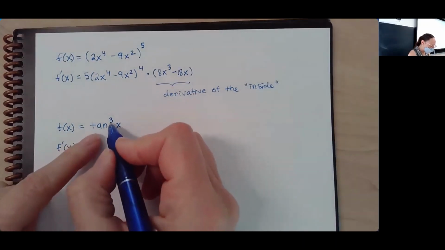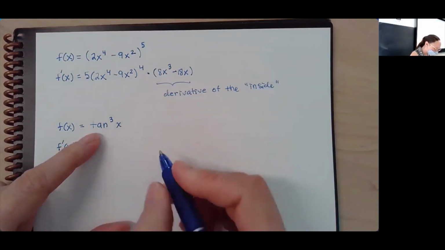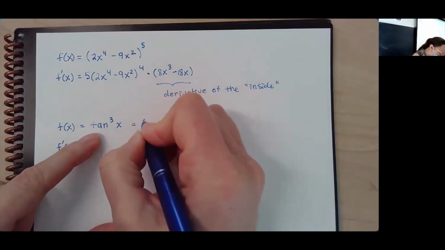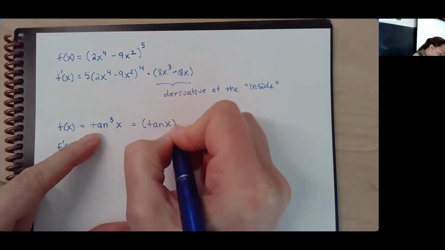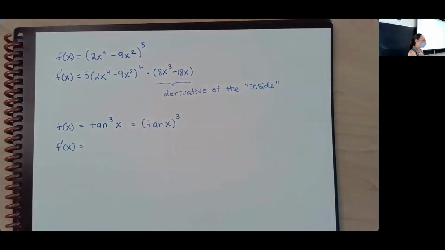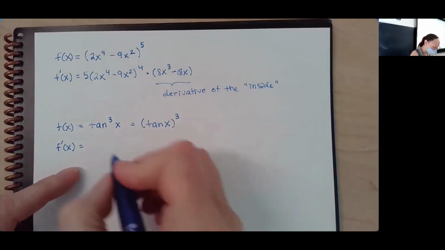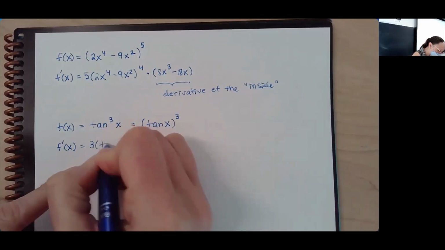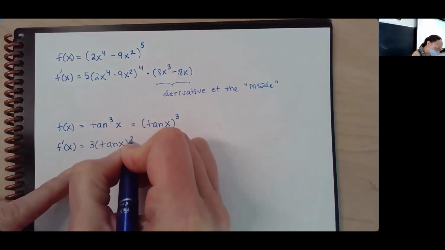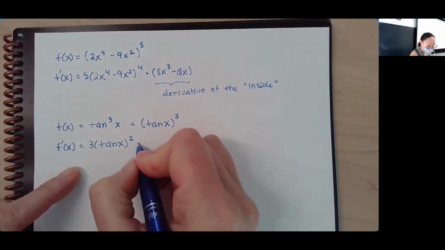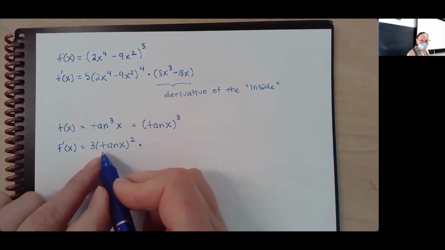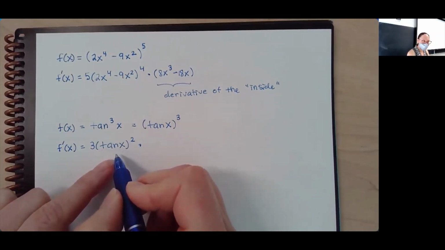So I've got tangent with a 3 up there and an x, which means we have tangent of x, the whole thing is cubed. So when I go to take that derivative, I'm going to use the chain rule. I've got some stuff that's cubed. So I'm going to end up with 3 times that stuff squared times the derivative of what's inside, the derivative of that stuff.